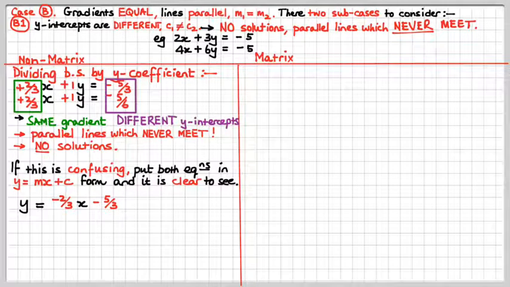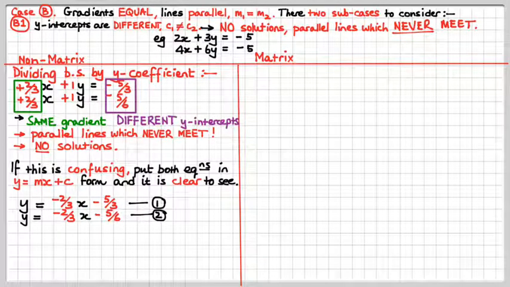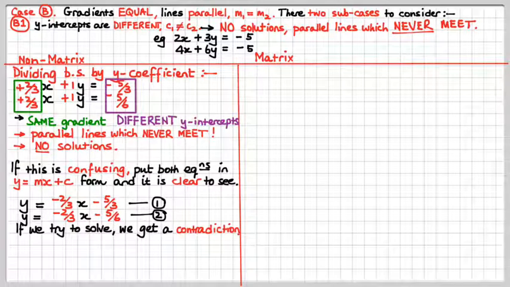Look, okay, solving them for y, right? Not mucking around now, solving them for y. That's what you get. Now you can see quite clearly that the gradient is minus 2/3, and these y-intercepts are different, so therefore they're parallel lines which will never meet. If you try to solve it, you get a contradiction, you get a nonsense, right? So I'll show you.